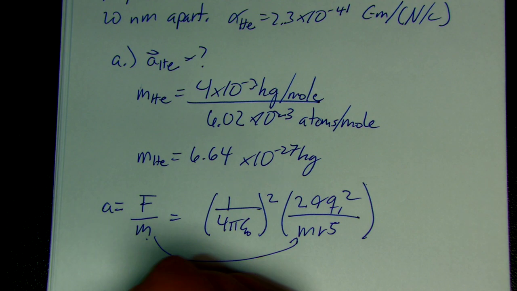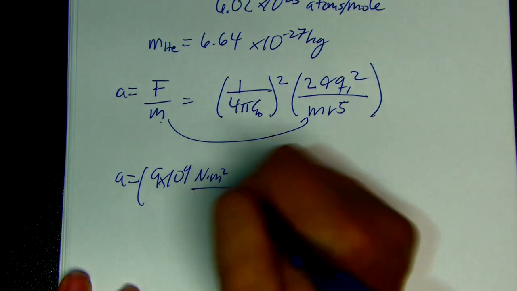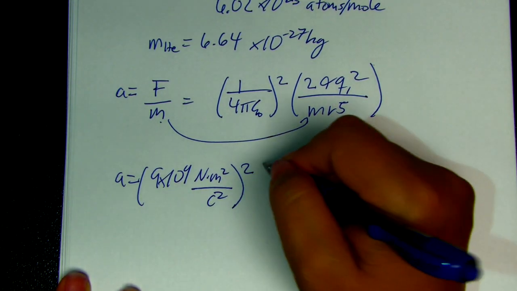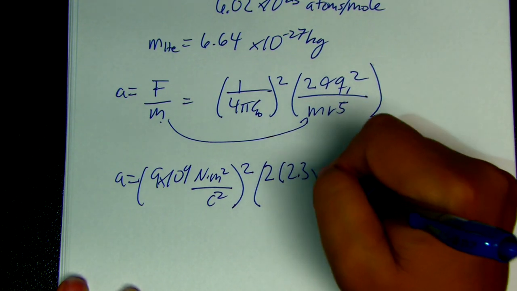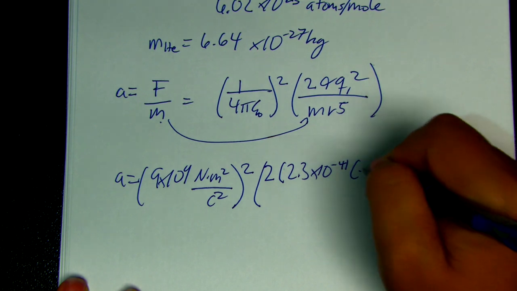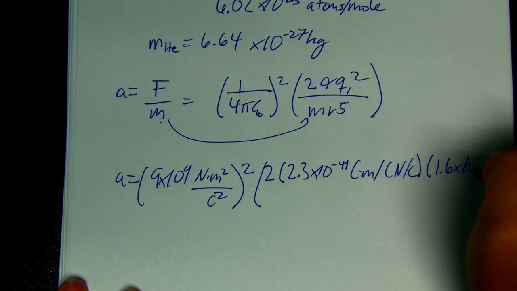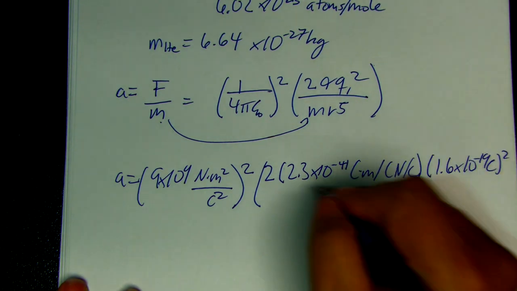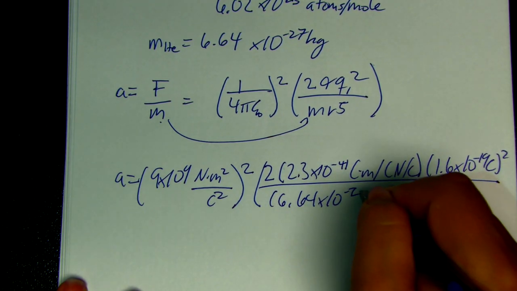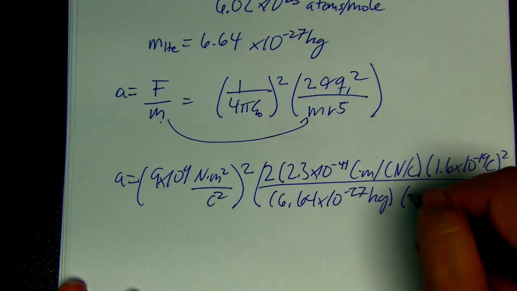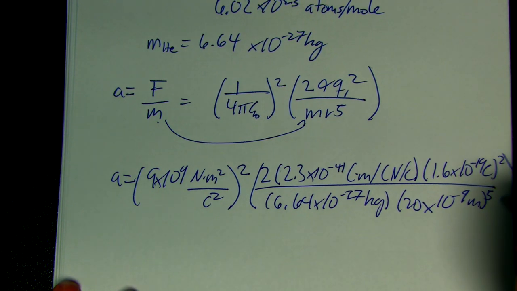And so our acceleration is equal to 9 times 10 to the 9 newton meters squared over coulomb squared, quantity squared. Make sure you keep track of all your squares and fifths. Times 2 times 2.3 times 10 to the minus 41 coulomb meters over newtons per coulomb times 1.6 times 10 to the minus 19 coulombs quantity squared, divided by 6.64 times 10 to the minus 27 kilograms, 20 times 10 to the minus 9 meters, quantity taken to the power of 5.